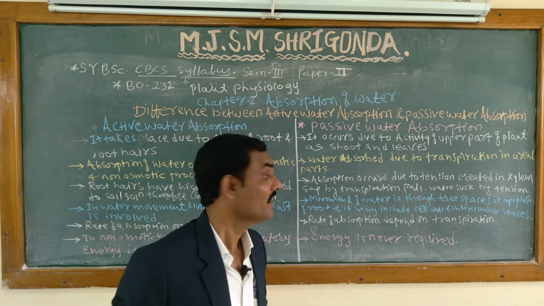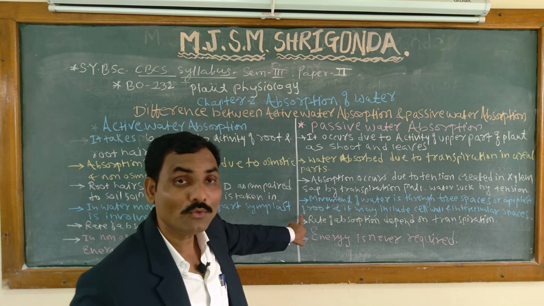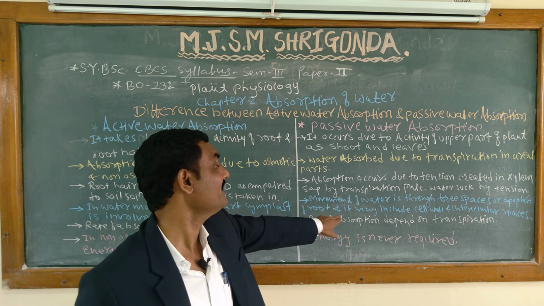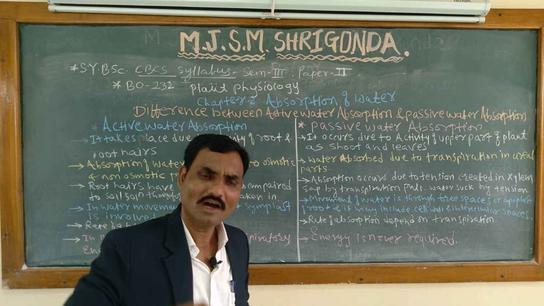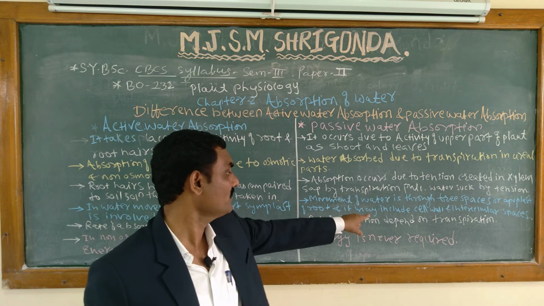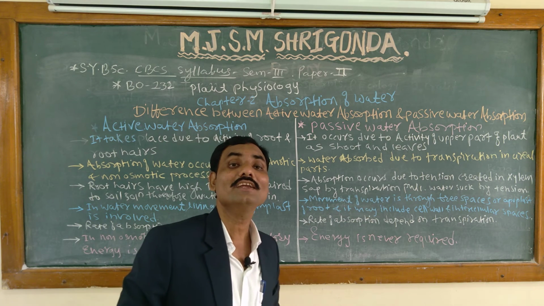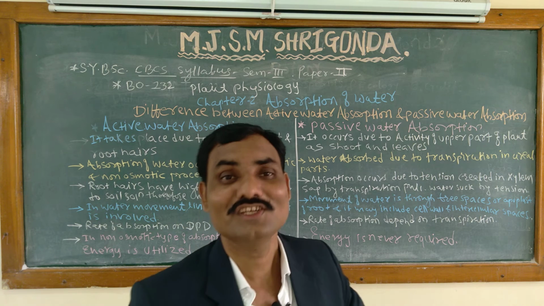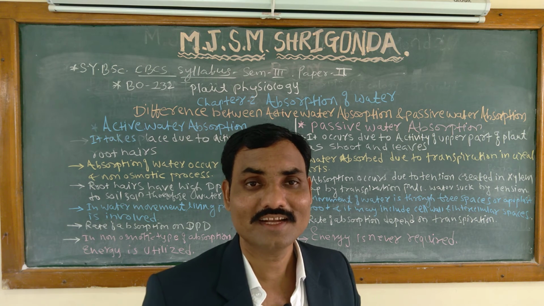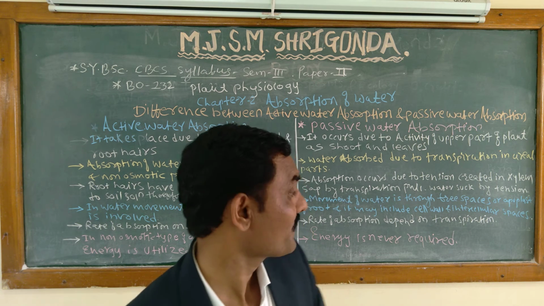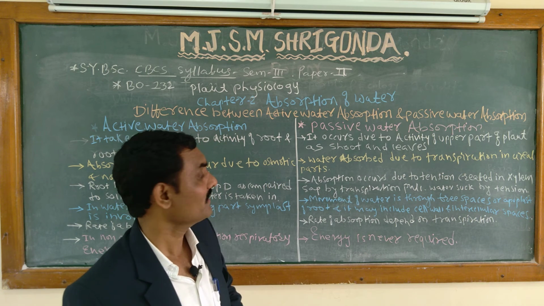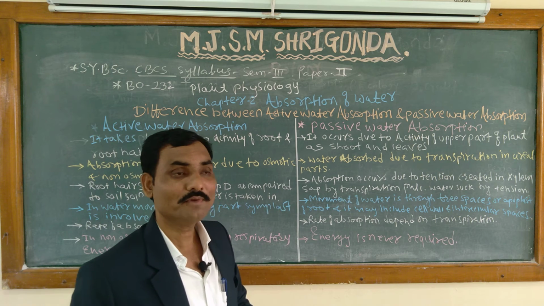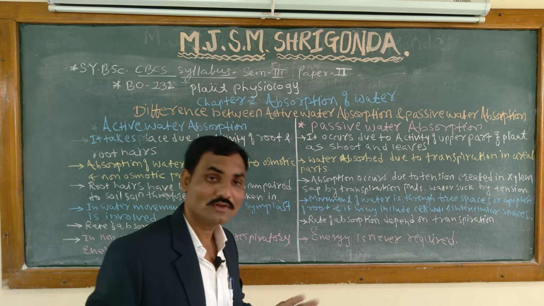It is the apoplast of the root, and it may include the cell wall and intercellular spaces, the space between two cells. And in passive absorption of water, movement through the free spaces is also known as apoplast.